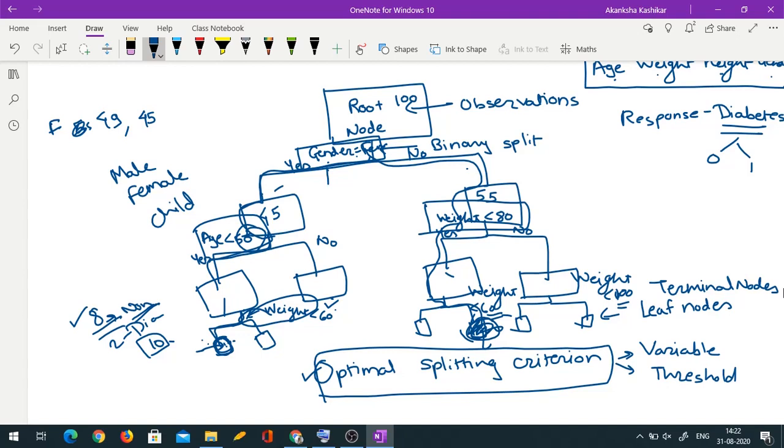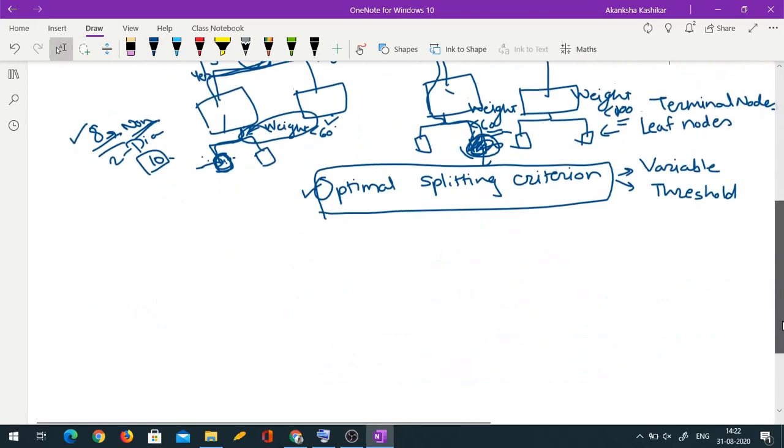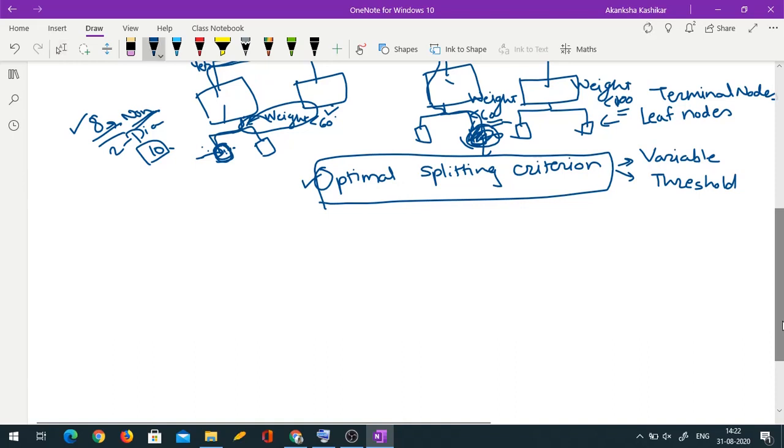What you have to remember is, in a split, the two sets are always complementary to each other. They are mutually exclusive and exhaustive, and hence finally the leaf nodes are also mutually exclusive and exhaustive.